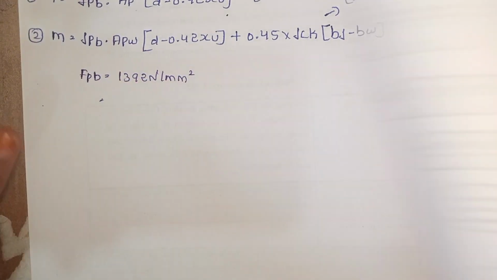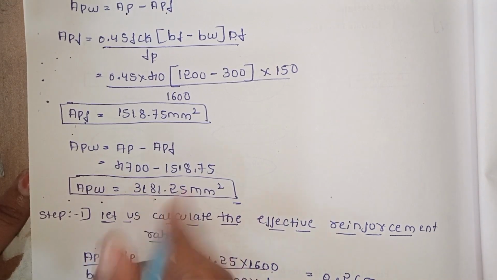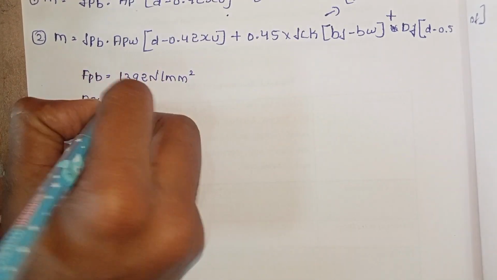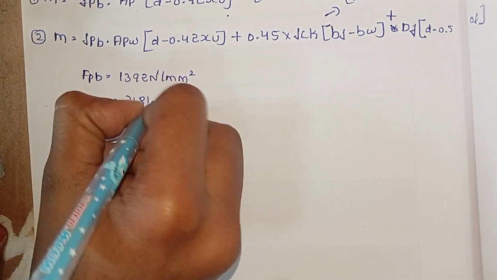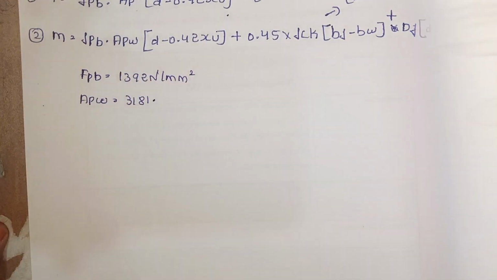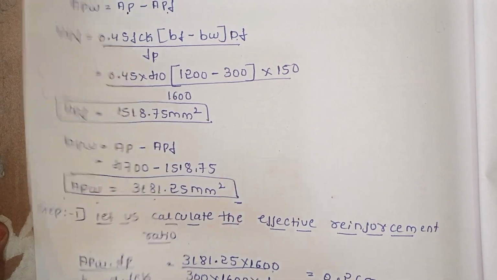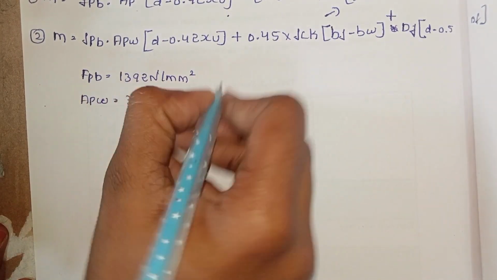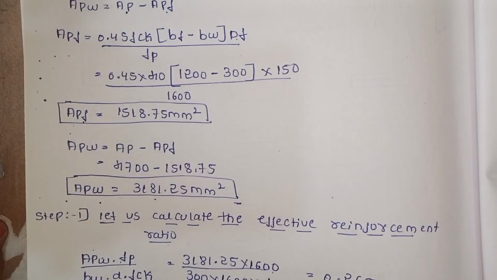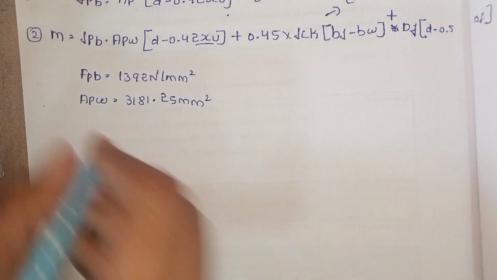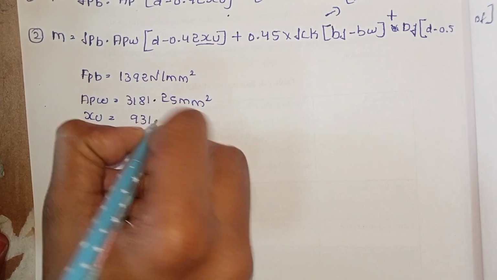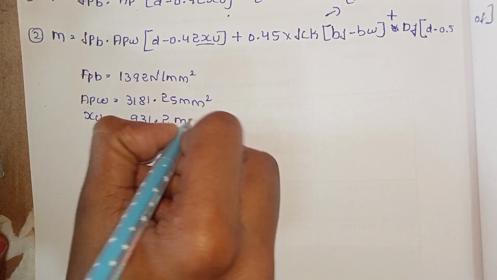Next APW value is 3181.25 mm square. Next XU value is 931.2. XC value is 931.2 mm.